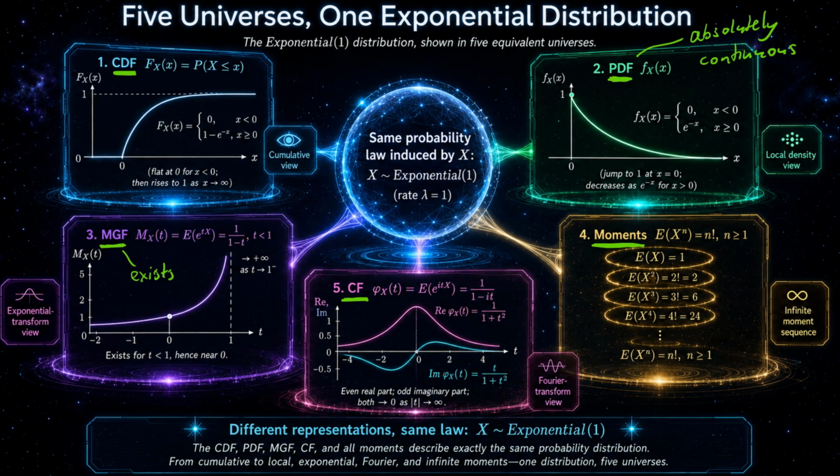For example, in a moment we'll look at the sum of 3 exponential 1 random variables, and we will work with it in the MGF universe. We will find that the MGF of this sum is exactly the MGF of a gamma 3-1 distribution, and from that we will conclude that the distribution of the sum of 3 exponential 1 random variables is a random variable that has a gamma 3-1 distribution.